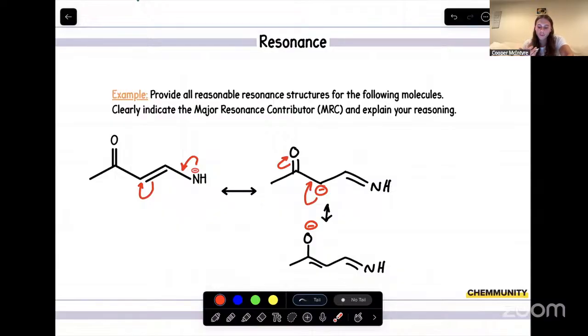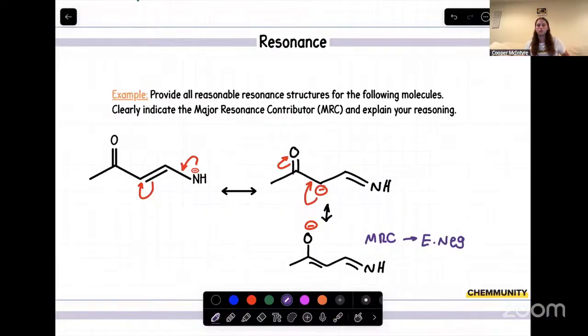Now, if we were to assess where our negative charges are, we have a negative charge on nitrogen, carbon, and oxygen, and out of those three, oxygen is the most electronegative, so it'll better hold on to a negative charge, making this resonance form the MRC. And that is due to electronegativity. Sweet.